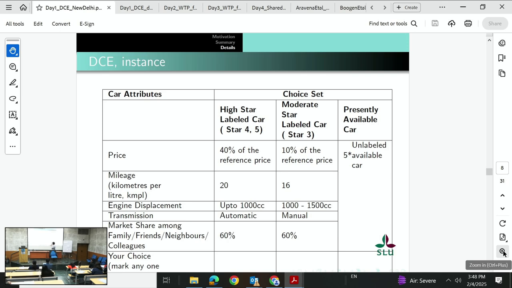So what varies here is the price, the engine displacement, and the transmission, but not the network. You want to vary this in the different choice sets that people see, so that by making them do different decisions, you can infer what made them take which decision. So in some cases, it's okay to have the same values in some of the attributes, so that you keep those fixed and you move the other ones.